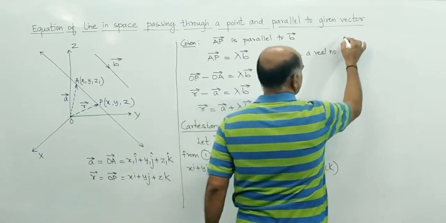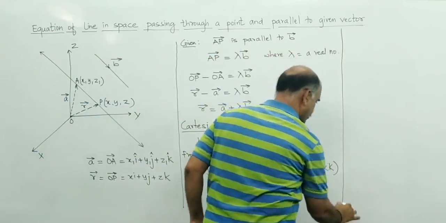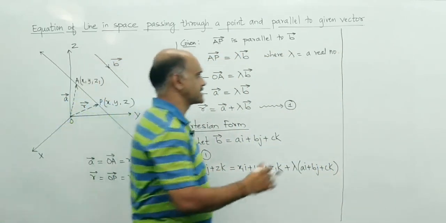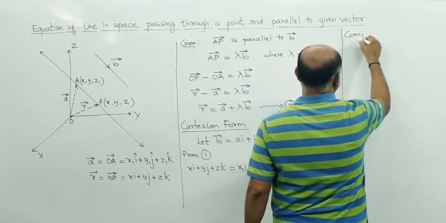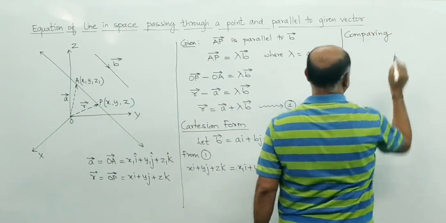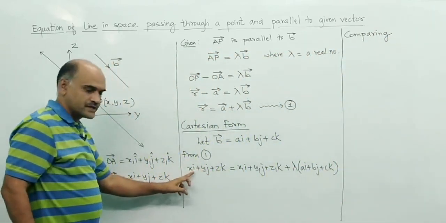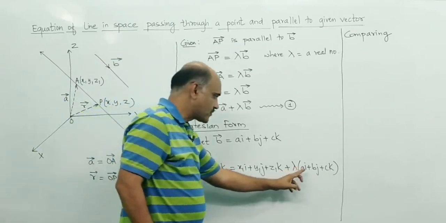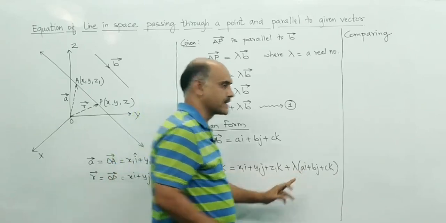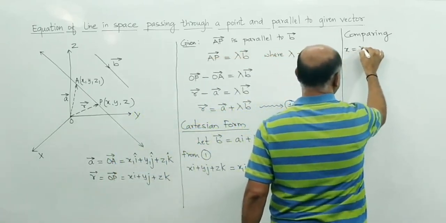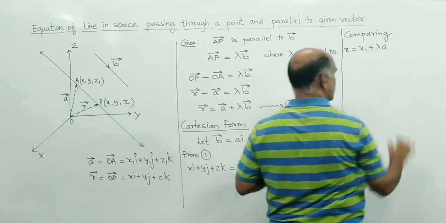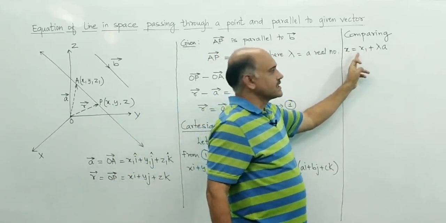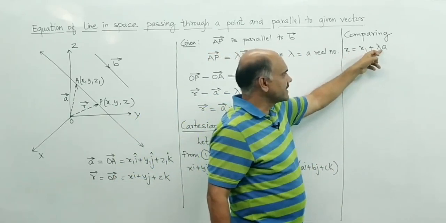Now comparing both sides. If you compare the coefficient of i on both sides, here the coefficient of i is x, here it is x1, here it is lambda a. So you will have x is equal to x1 plus lambda a. Take x1 to the LHS, you will have x minus x1, then divide by a.